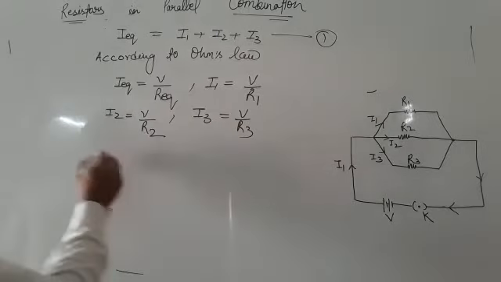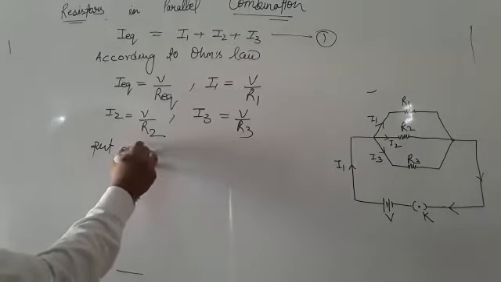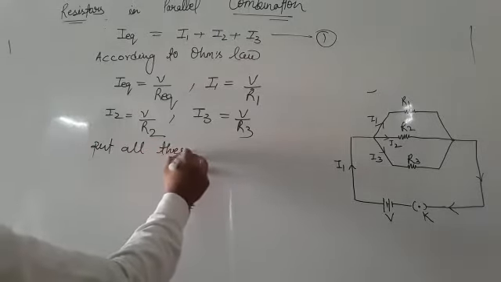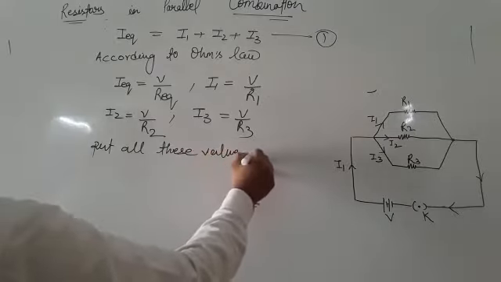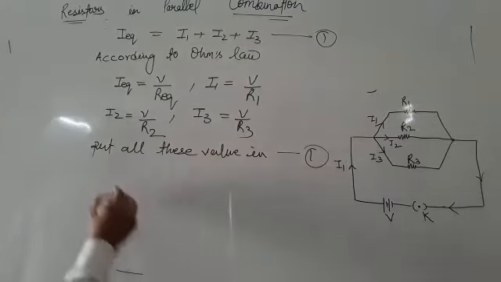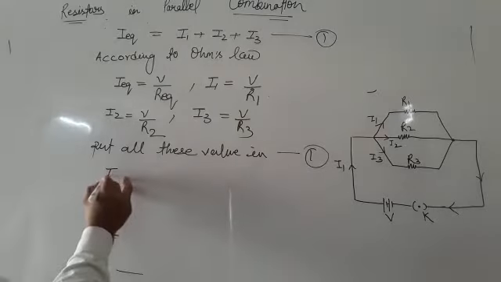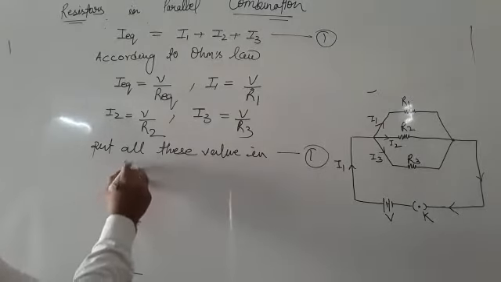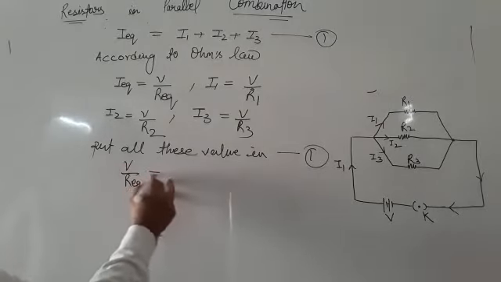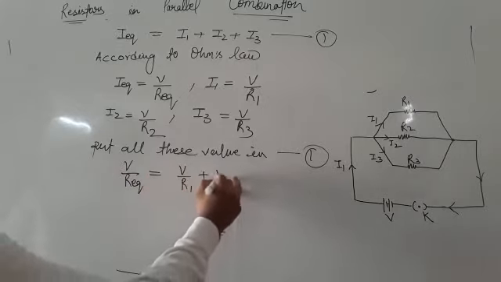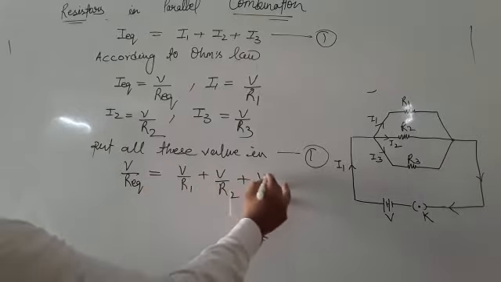Now put all these values in equation number 1. So we get V by R equivalent is equal to V by R1 plus V by R2 plus V by R3.